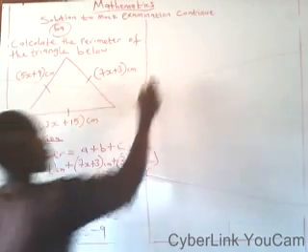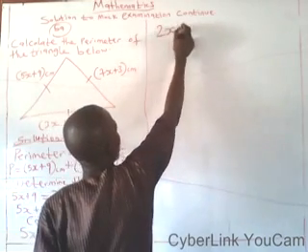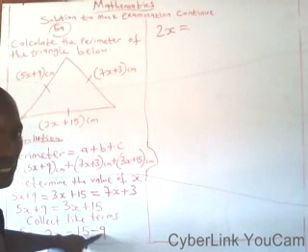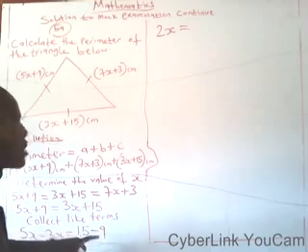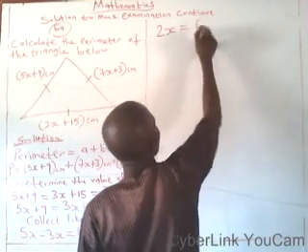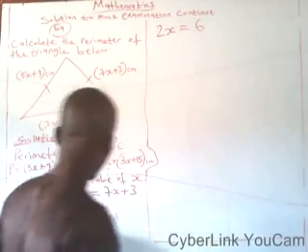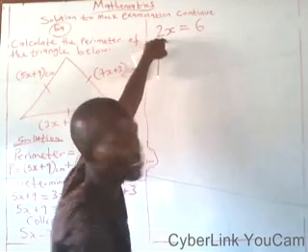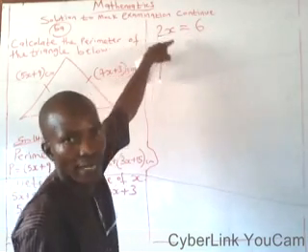5 minus 3 will give us what? 2x. Now equals to 15 minus 9 will give us what? This is going to give us 6. Now we arrive at this. We are looking for x.